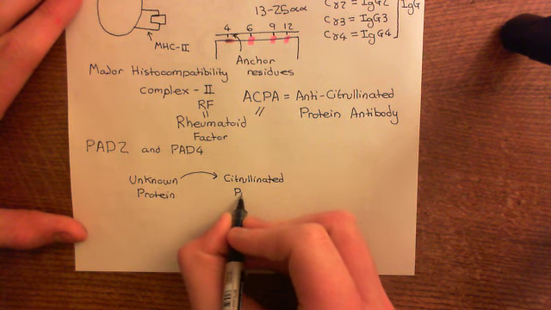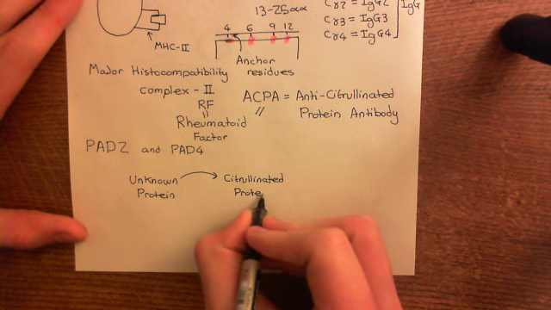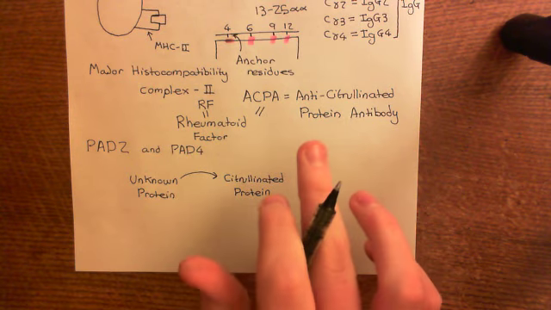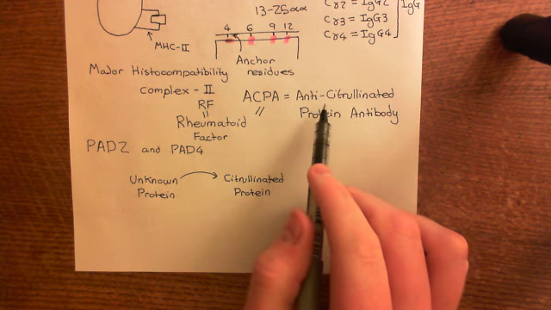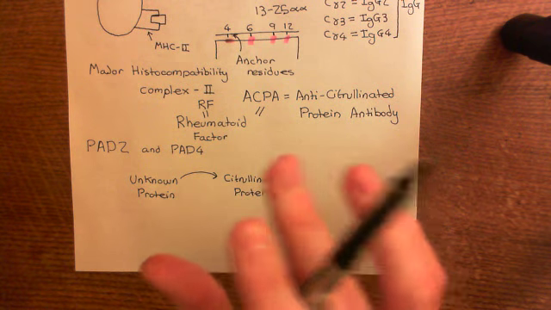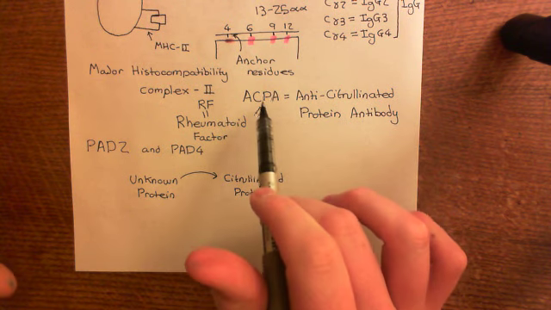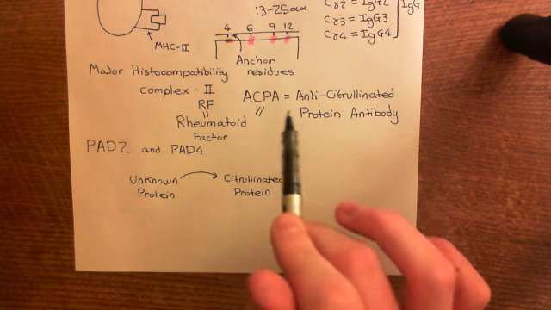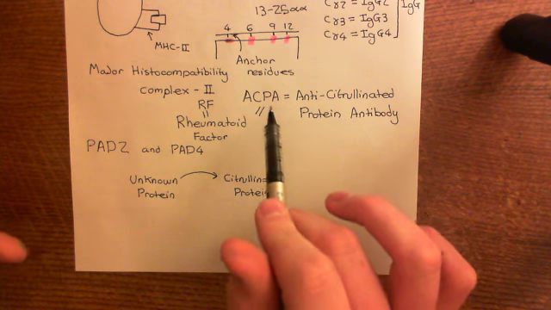And I should stress that although these anti-citrullinated protein antibodies are all grouped together as ACPA, of course, they're not just going to bind to any old citrullinated protein, so don't be misguided into thinking that they're just binding to citrulline. No, they're binding to a specific citrullinated protein.